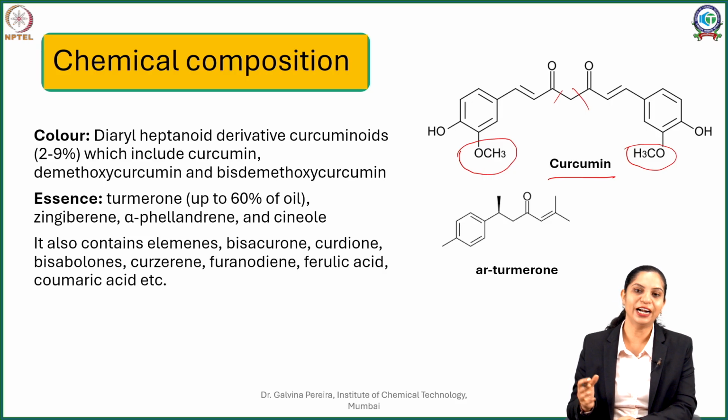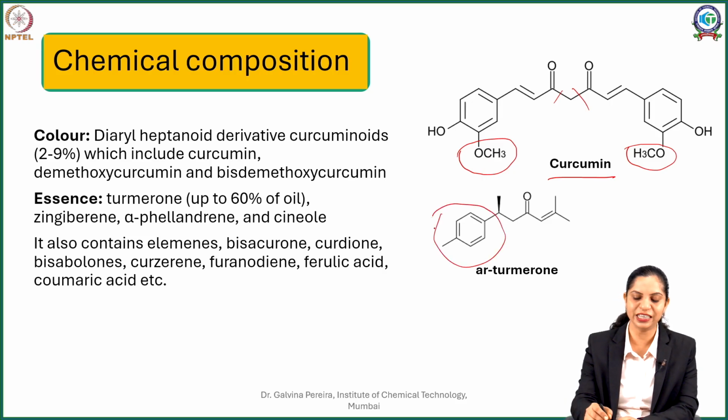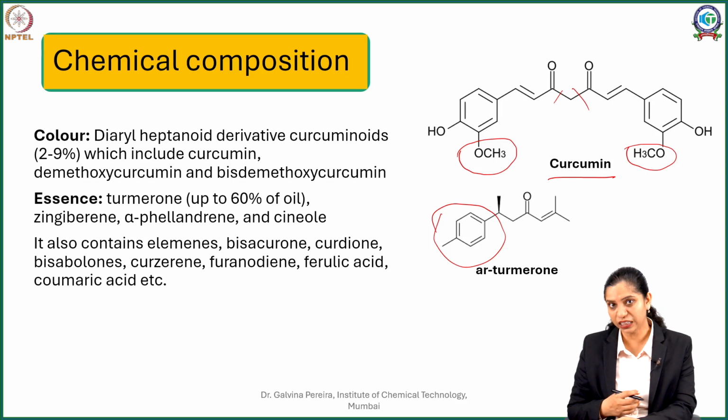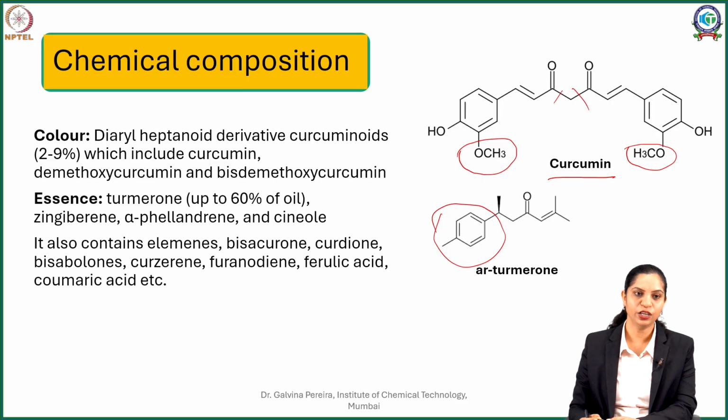In addition to that, you also have your alpha and beta turmerone. Only the degree of unsaturation changes and you get your alpha and beta turmerone. In addition to that, you have your zingiberene, phellandrene, cineol. It also contains numerous other aromatic principles, which include your bisacurone, you have your curdione, you have your bisabolenes, curzerene, you have your furanodiene, ferulic acid and turmeric acid.